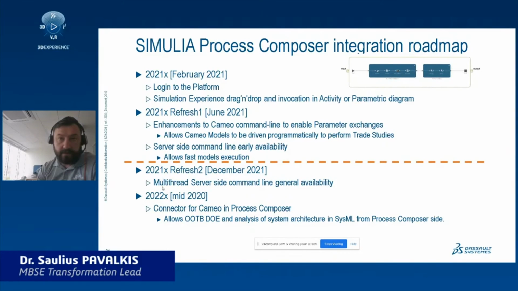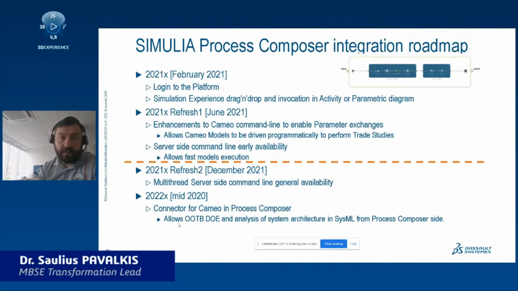And this is technology, again, to prepare for the Cameo connector for Process Composer, which out of the box should be available in the 2021X release, commercially available, which is mid-2022.